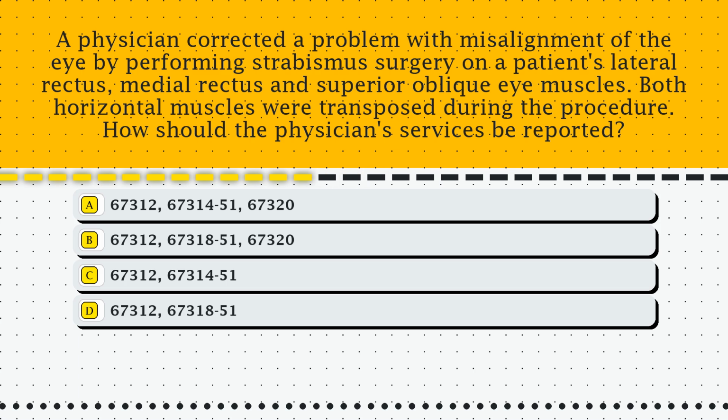Option B, 67,312, 67,318 to 51, 67,320. Option C, 67,312, 67,314 to 51. Option D, 67,312, 67,318 to 51.